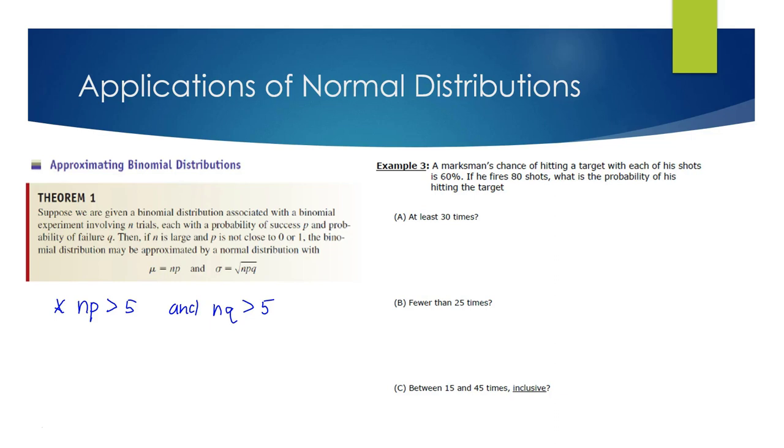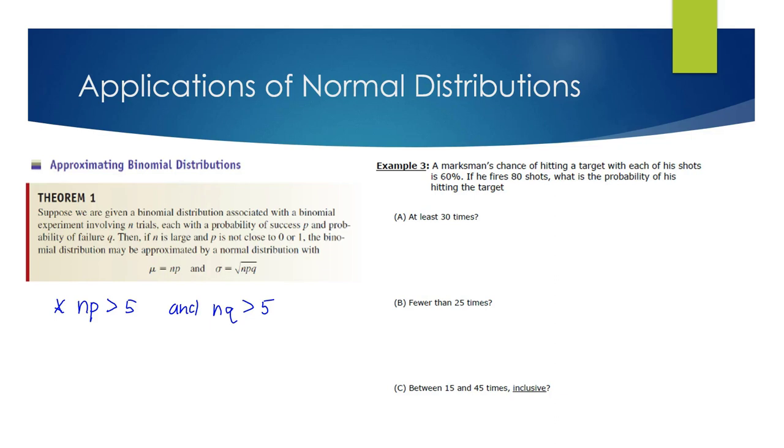Well, as you can see here, one of the reasons why you may want to do normal approximation is because if I'm looking for the probability that he's hit the target at least 30 times, then I have to do the probability of 30, 31, 32, 33, all the way up to 80, which would be a lot of probabilities to calculate using that binomial formula.